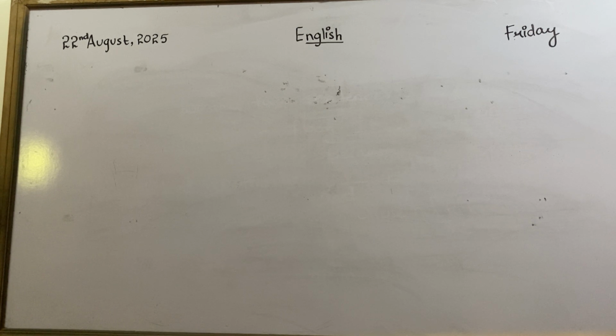Yeah. Alright, let's start today's lesson. Today we have to do the creative writing. But before that, obviously we have to revise what we have done yesterday. Who is going to tell me what did we do? What have we done in our last class?